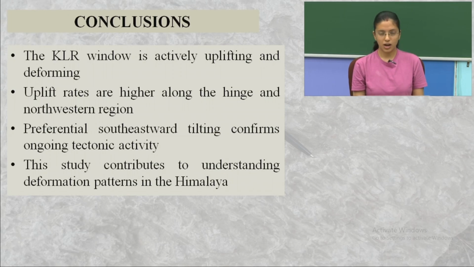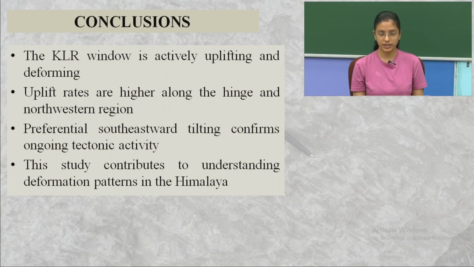Overall southeastward tilting and this activeness in the hinge zone lead to the conclusion that an overall southeastward down tilting is observed in the Kullu-Larji-Rampur window. Also, there has been some differential upliftment in the window. Moreover, higher magnitude of tectonic activity and higher rate of upliftment in the hinge zone might be indicating more stress accumulation in the hinge zone, thus making it tightening in the hinge area.